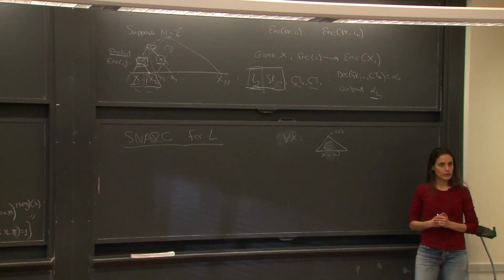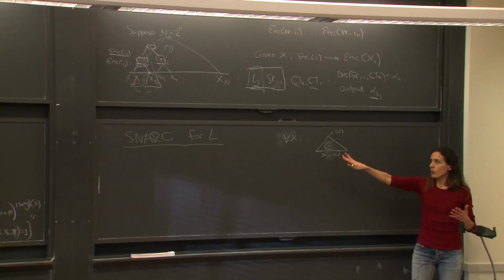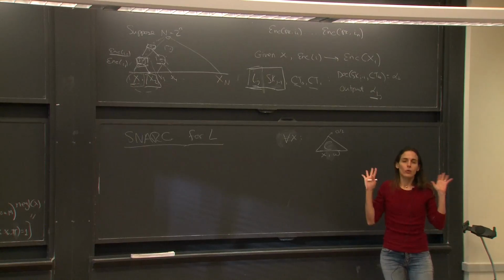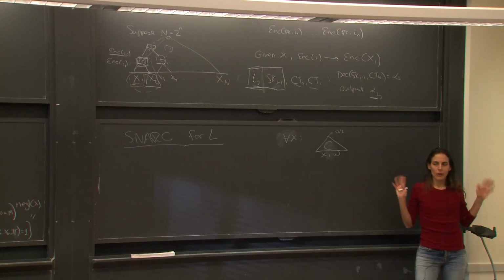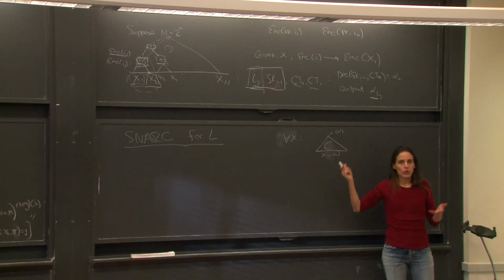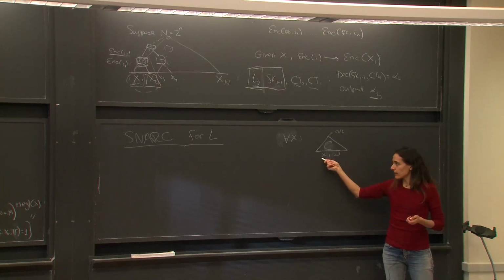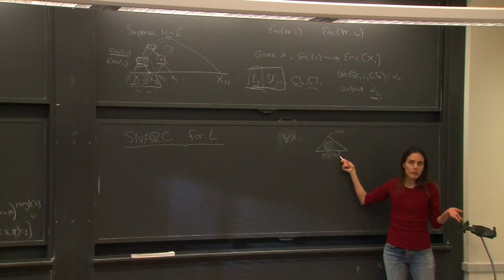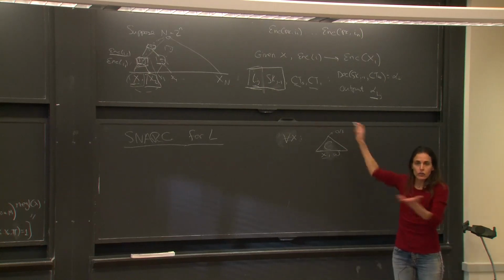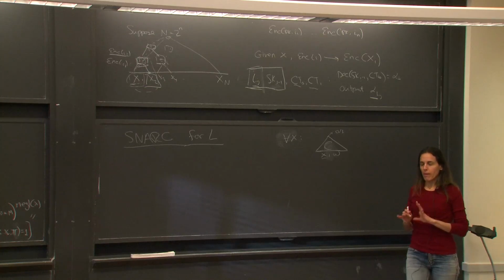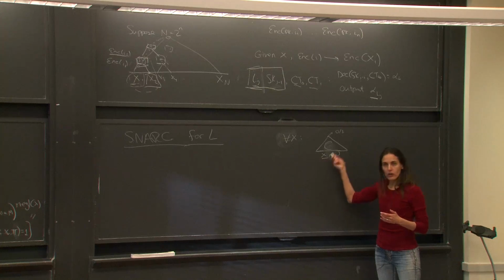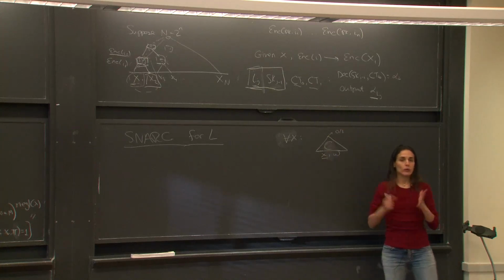So when I talk about SNARG here, you can think of SNARG for non-deterministic and deterministic computation, any language L. When I have a language L, there's some circuit that takes the instance, maybe with a witness, and does some checks to decide if it's valid or not. Now, I have an X, and I want to give you a SNARG that C on X outputs 1.